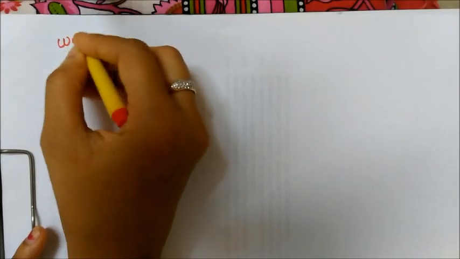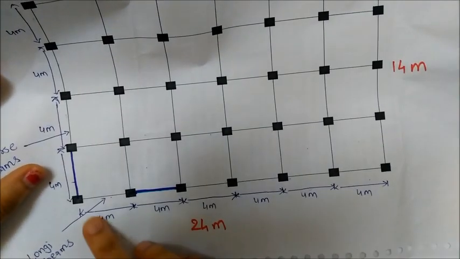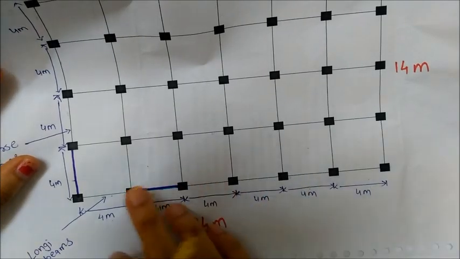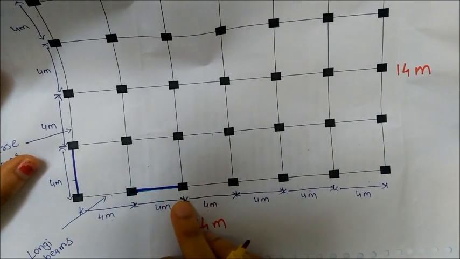Similarly, we have to calculate the total weight of the walls. Okay, let's see in our plan on which grid line we have considered our beam. On the same line we have to assume our walls.